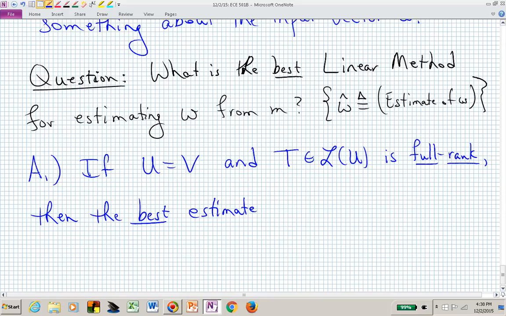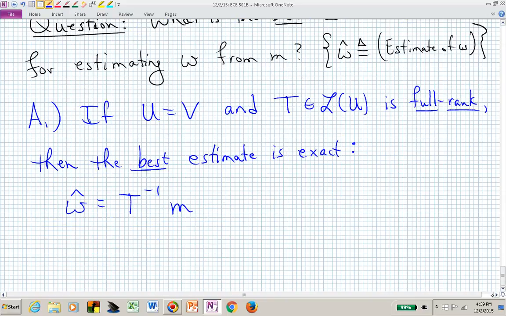Then the best estimate is in fact exact, where W hat is now T inverse times M. So if somebody gives us M and we know T, and we know T is full rank, we've maybe calculated the determinant of T and we found that the determinant is non-zero, then we can get the inverse.